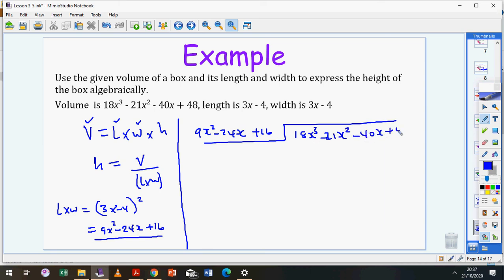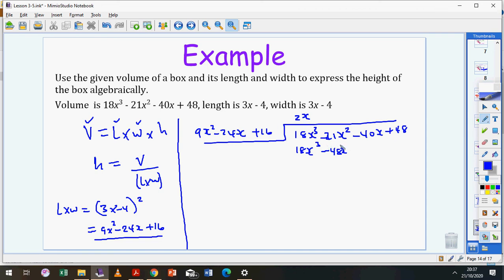So let's do this quickly. 18x cubed divided by 9x squared. 18 by 9 is 2, x cubed by x squared is just x. So then go backwards, multiply: 2x times 9x squared is 18x cubed. 2x times 24x is negative 48x squared.